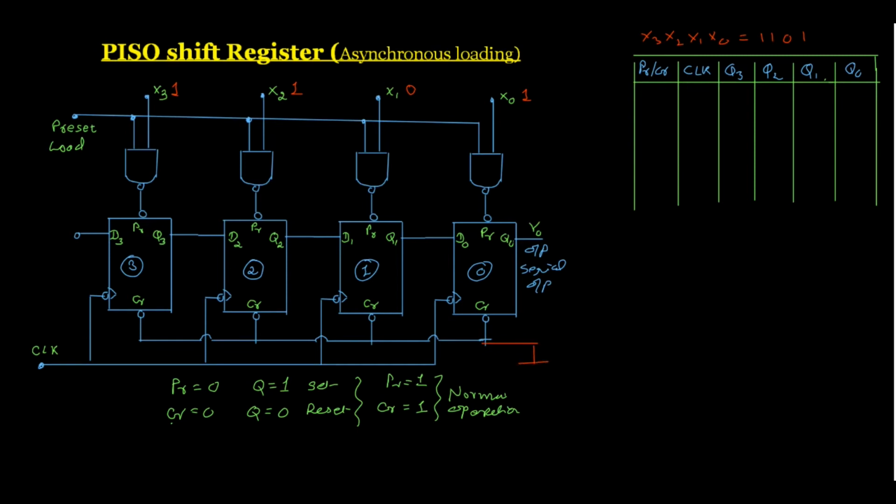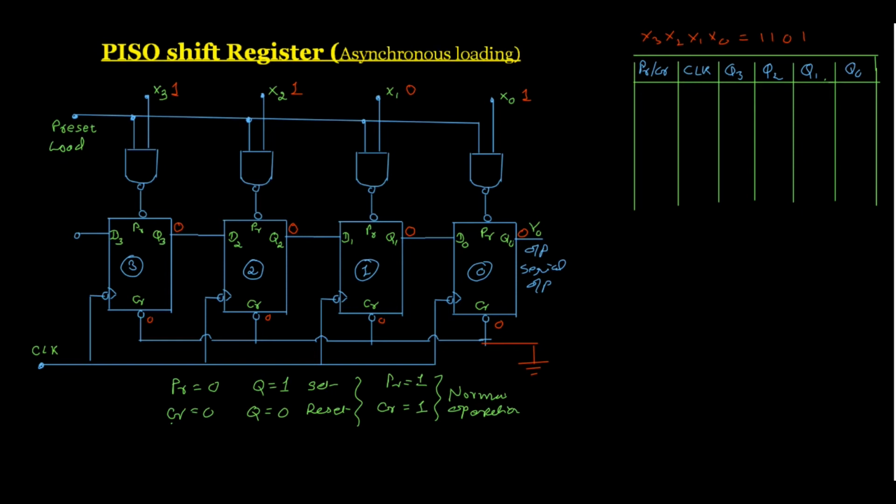So all these clear inputs are 0, 0, 0, and whenever the clear input is 0, the flip-flop is going to be reset. As a result, Q3 will be 0, Q2 will be 0, Q1 is 0, and Q0 is also 0. So initially we have to reset the flip-flop.